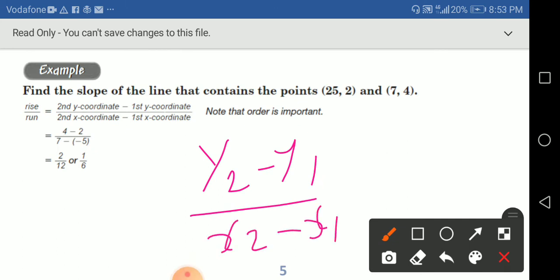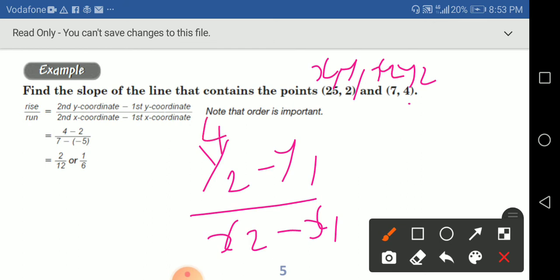Okay, guys, remember the order here is very important. I will take y sub 2, which is 4. Remember to write it: x sub 1, y sub 1, x sub 2, y sub 2.